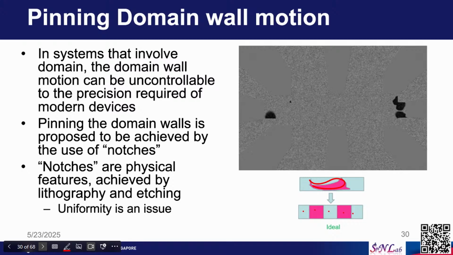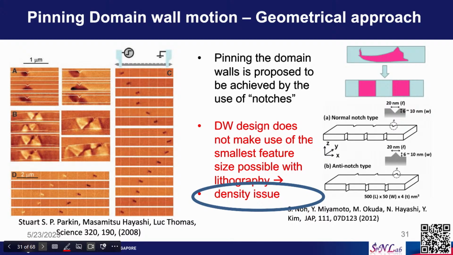One technique people have often used is notches. Notches are basically physical features. They cut away some material here and some material here. That is a notch. These notches can act as pinning sites. So there is some research in this direction.